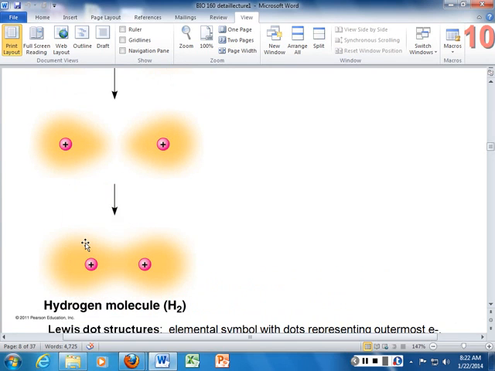hydrogen has 1 electron. It wants to have 2 in that first shell. So what happens is it's really on the fence there. It could take it, it could leave it. It can do ionic bonding that we'll talk about in a minute, but it can also share.